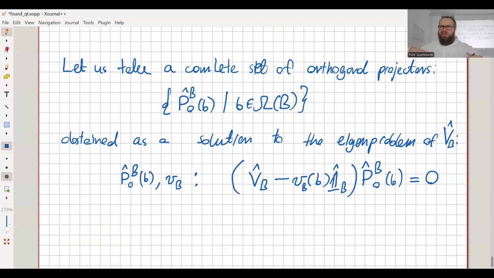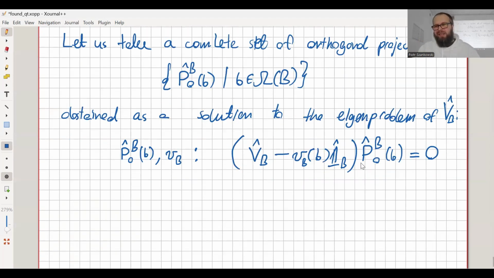So you solve, you find eigenvectors and eigenvalues of operator V_B, or eigensubspaces. Or in other words, projection operators, P_B. Okay.